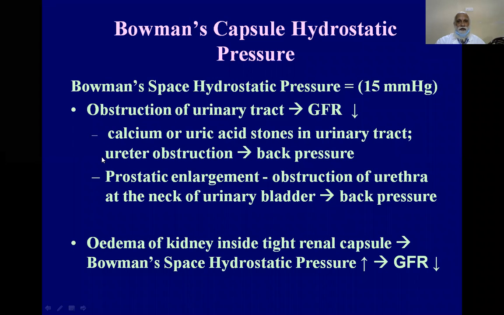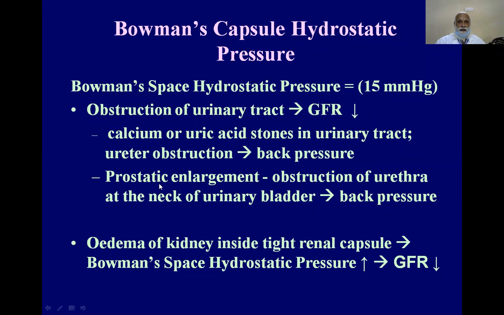If it doesn't cross the ureter, then there is a back pressure. If there is accumulation of urine, there is a back pressure into the kidney. So that will cause this pressure to increase. So naturally GFR will decrease.